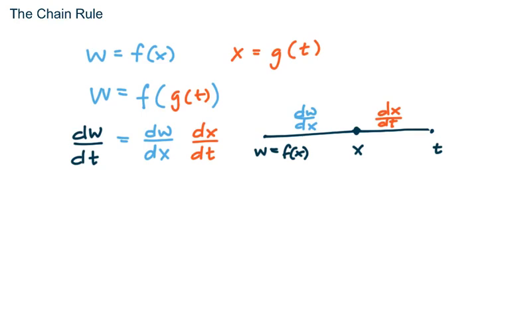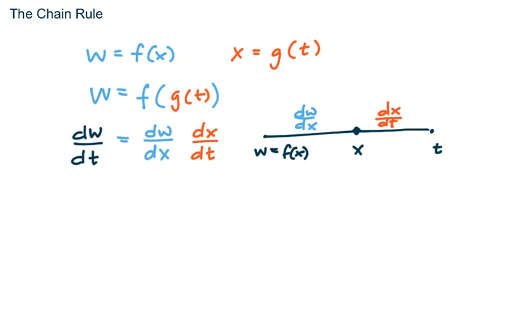All right, so we have a dependent variable, which is w. W depends on what x and t are. X is what we would call our intermediate variable. And then we have our independent variable, t, over here at the end.